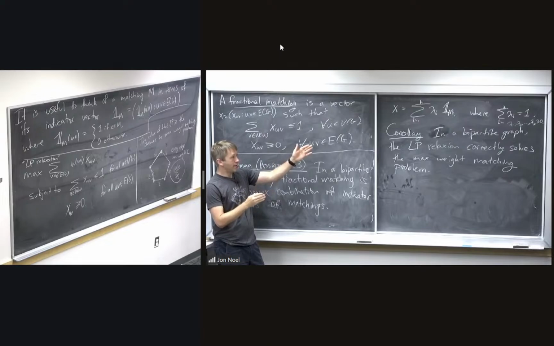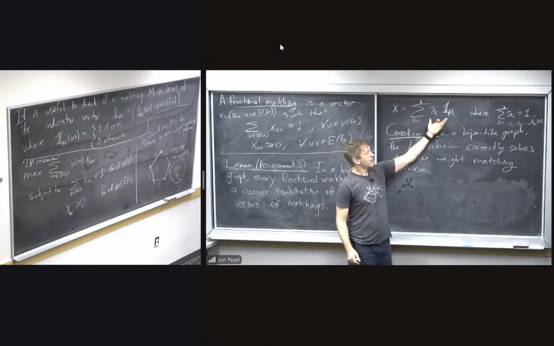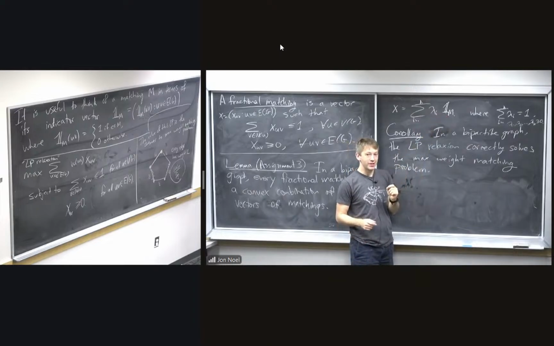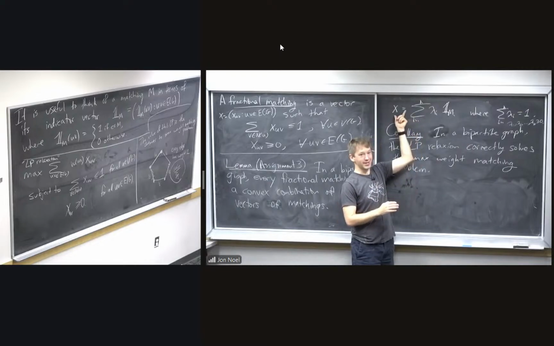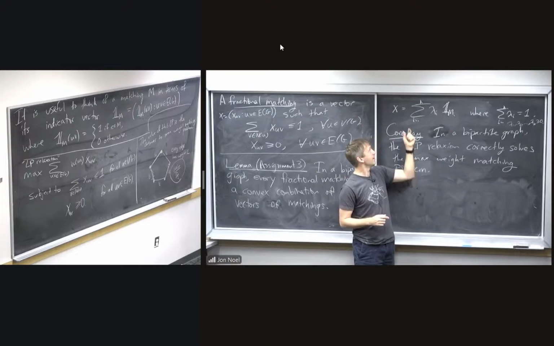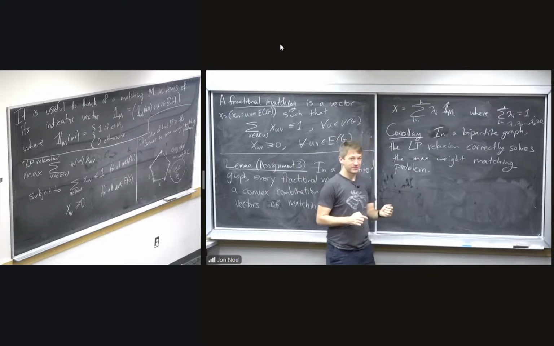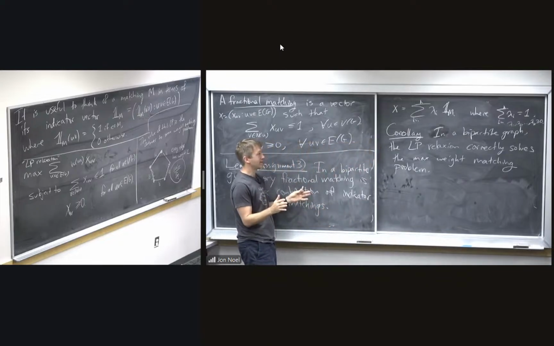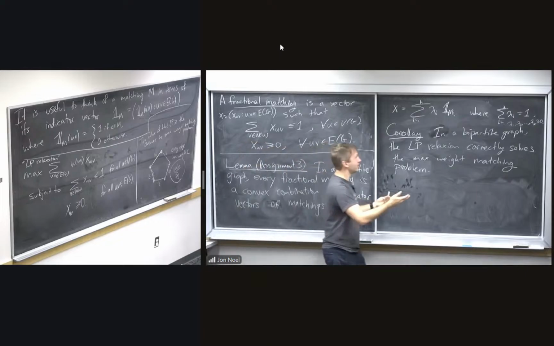So take your optimum from the linear program, write it like this, and then let's think about it. Take one of these matchings. Could that matching have smaller weight than my fractional matching? I claim that all of them are just as good as X is for the LP. They all give the same weight as X, because how couldn't they, right?